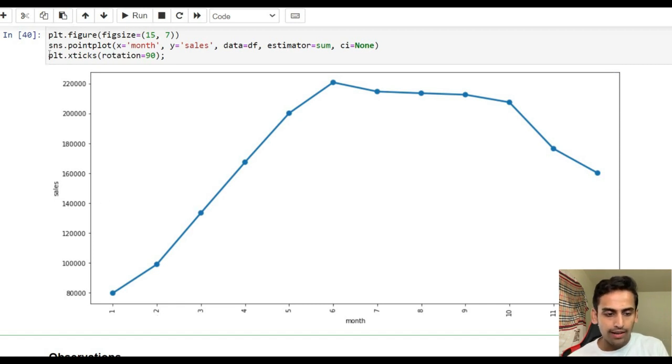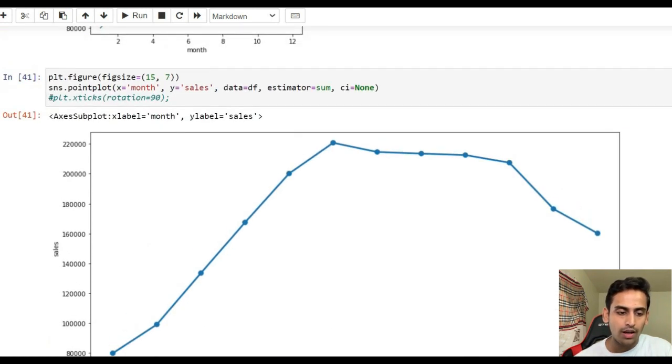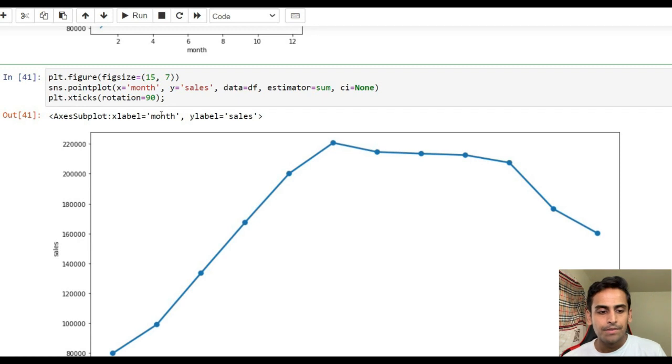If you don't do that, you will see the orientation of the labels in this way. But if you want to turn them around by 90 degrees, you can use this command, rotation is equal to 90. So we can use line plot or a point plot to create our line chart or some kind of time series trend.